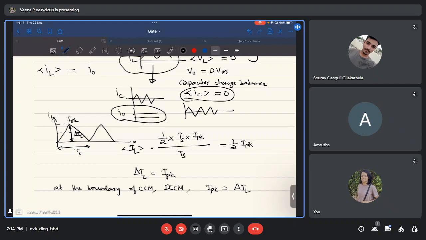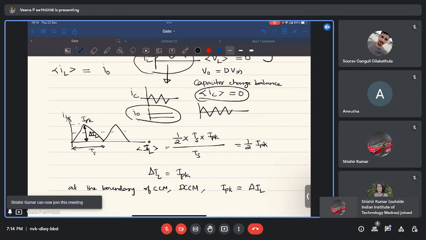Some textbooks represent this peak as delta IL. So you have to keep in mind the delta IL which I took is the peak to peak ripple current. Or in short, the maximum value of inductor current will be the same as the peak to peak ripple current at the boundary of CCM and DCM.